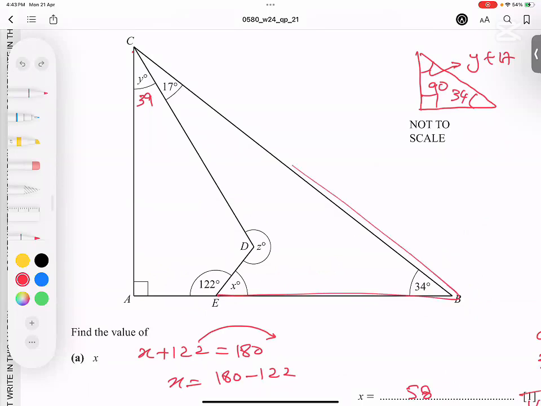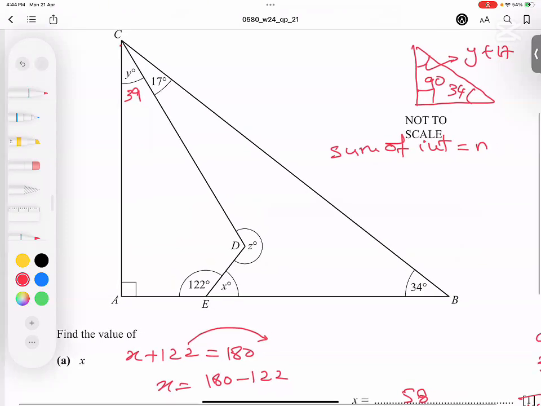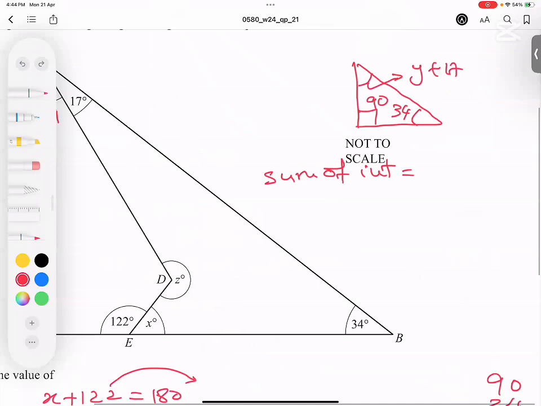So 1, 2, 3, 4 is a four-sided figure. And do you know we have a formula for the sum of the interior angles? It is (n minus 2) times 180. So this formula we have to use.